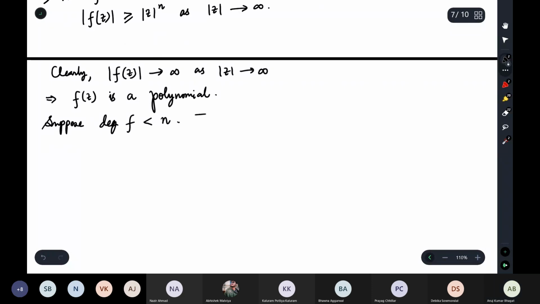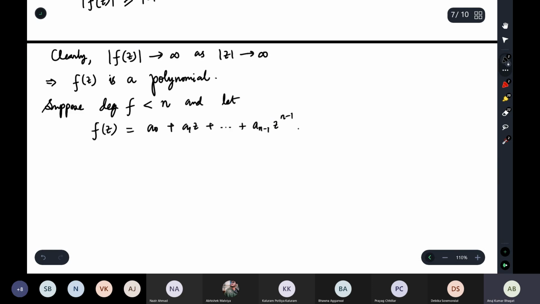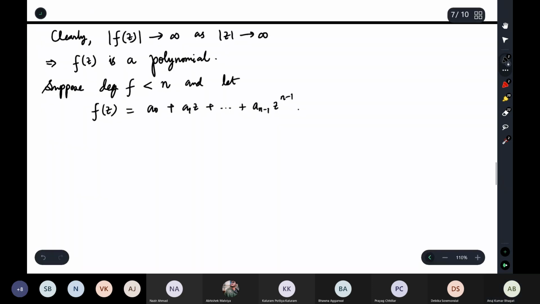So let f be of the form a0 plus a1z plus so on, a(n-1)z^(n-1). So it will be a polynomial of this form when it is of this degree.